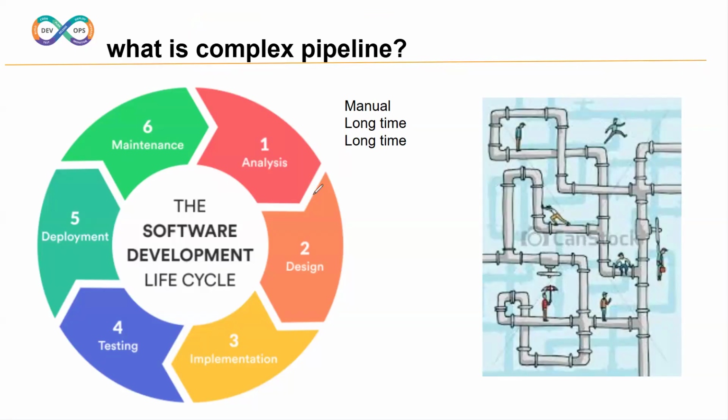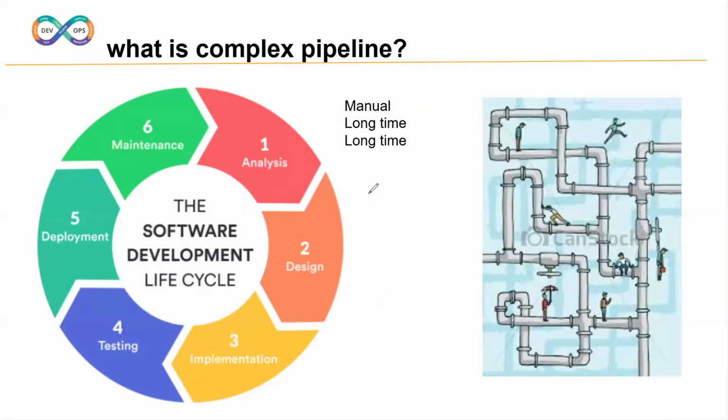So why are we calling SDLC complex? Because it is a manual process from analysis to design, design to implementation, implementation to testing, testing to deploy, deploy to maintenance. Due to this manual process, if we get an issue or any problem in the middle of the process, identification will take a long time and resolving issues will take a long time.